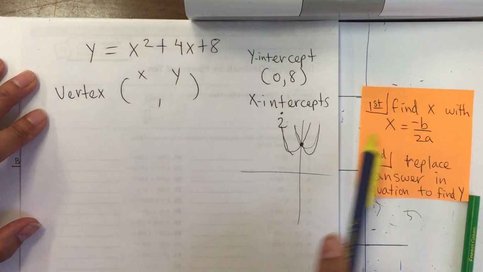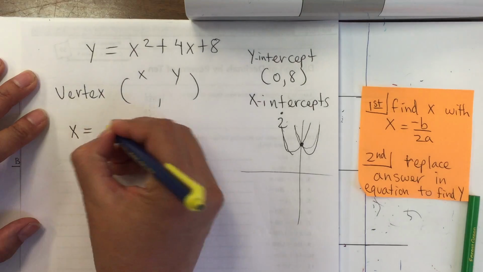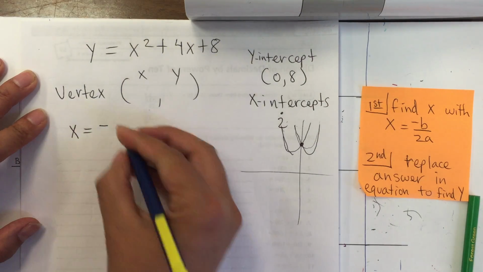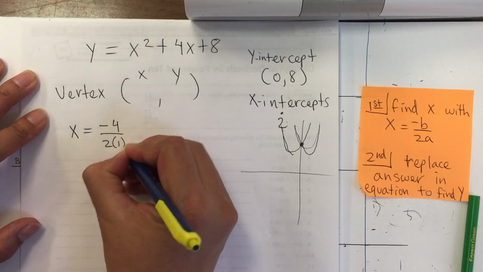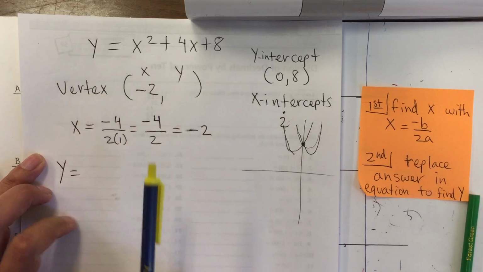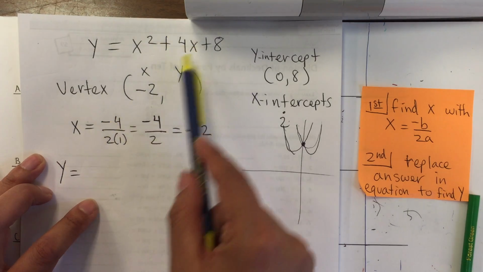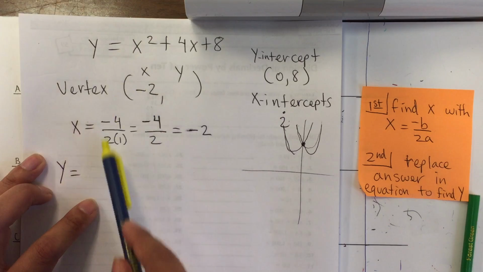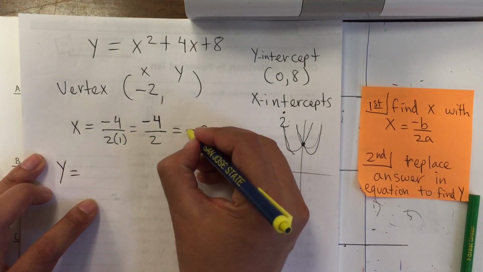So how do you find the x? By using this formula. So x is equal to -b over 2a, which is, so I'm sorry. So I replaced -b, -4 divided by 2a, and it's -4 divided by 2, so it's -2.